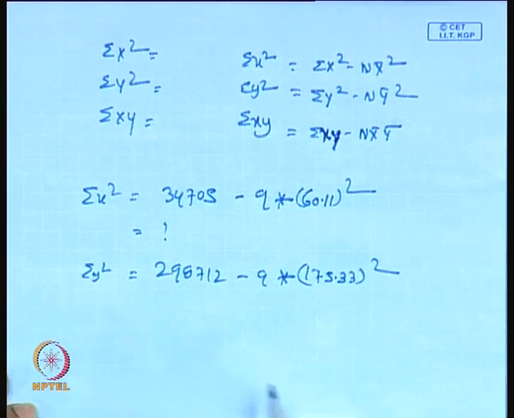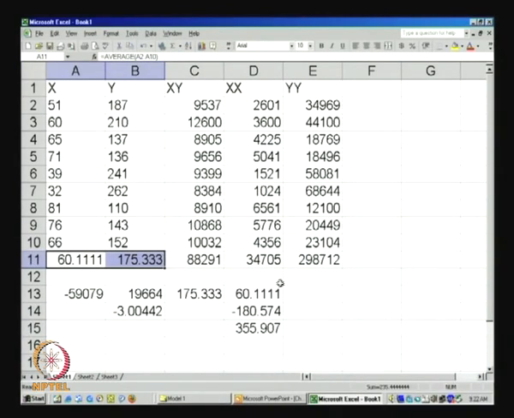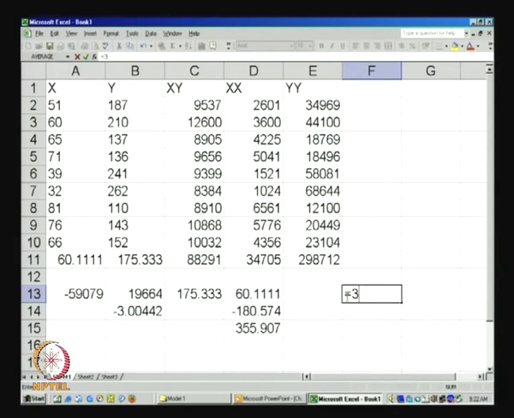So the detailed structure is like this. This is equal to 34705 minus 9 into 60.11 into 60.11.